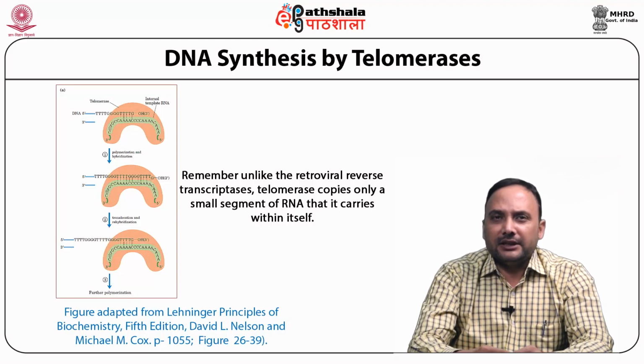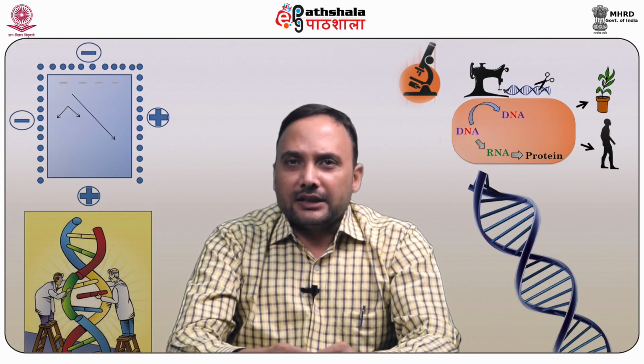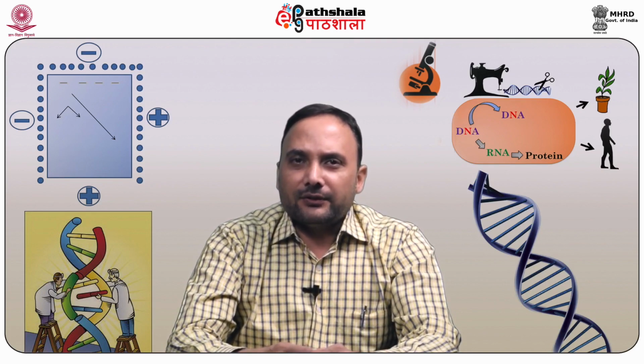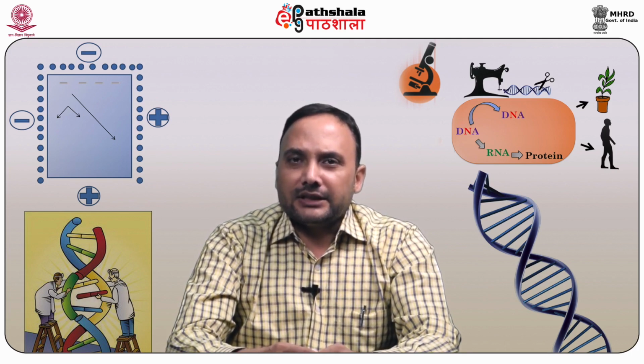Dear students, let's recap what we have learned so far in the current module about DNA polymerases. DNA polymerases catalyze the polymerization of DNA using a strand of DNA as template, but RNA and template independent DNA polymerization is not uncommon.